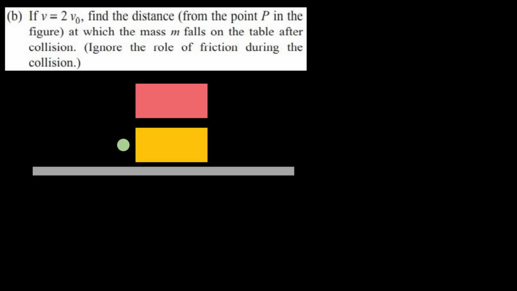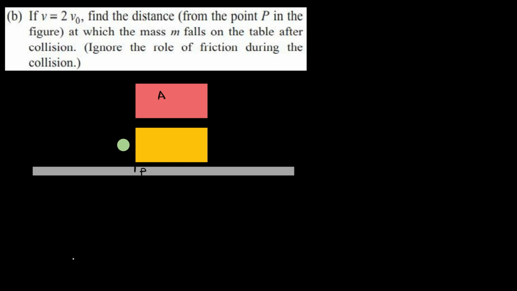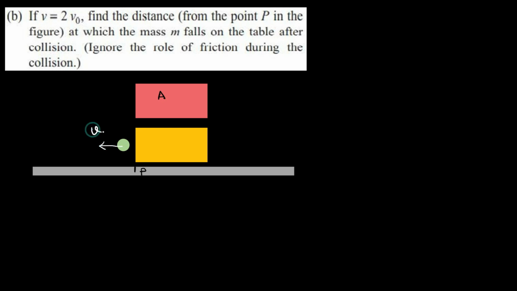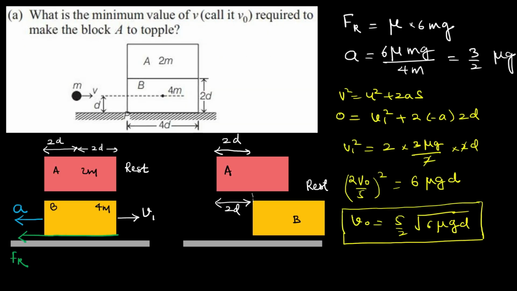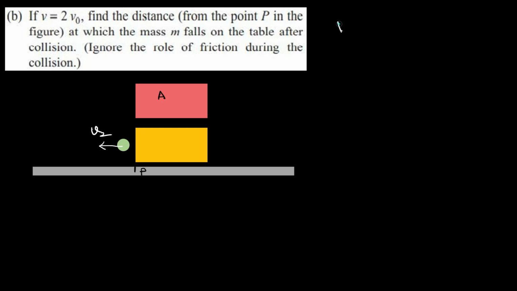Now part B. If V is equal to 2V0, find the distance from the point P in the figure at which the mass m falls on the table after collision. So this point was P, and just after collision we calculated the velocity of the colliding body V2 to be 3V by 5.